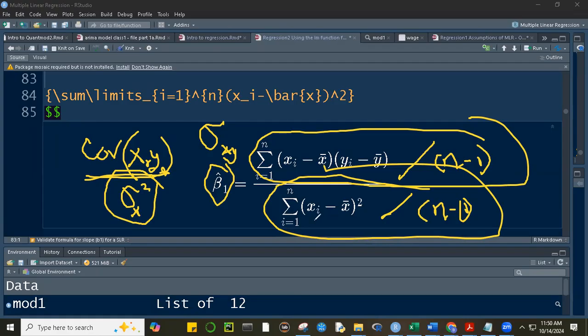Okay, if you recall, class, the formula for variance is the sum of x minus x bar squared over n minus 1. So in effect, class, the slope is simply equal to the covariance between x and y divided by the variance of x. All right, so let's quickly show this for purposes of discussion.